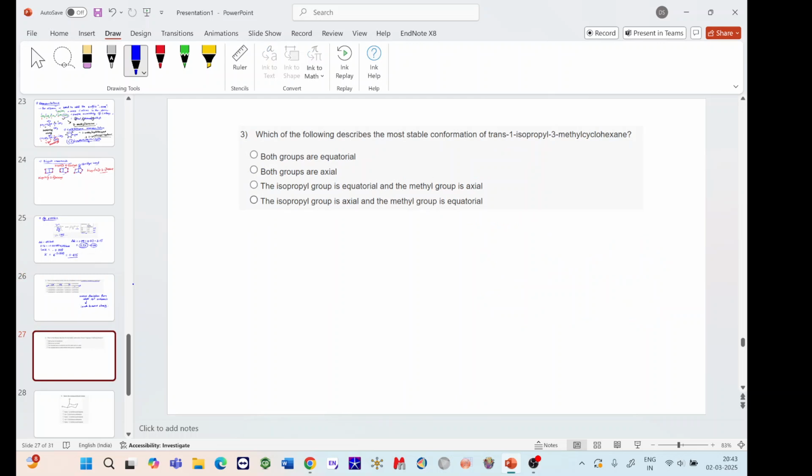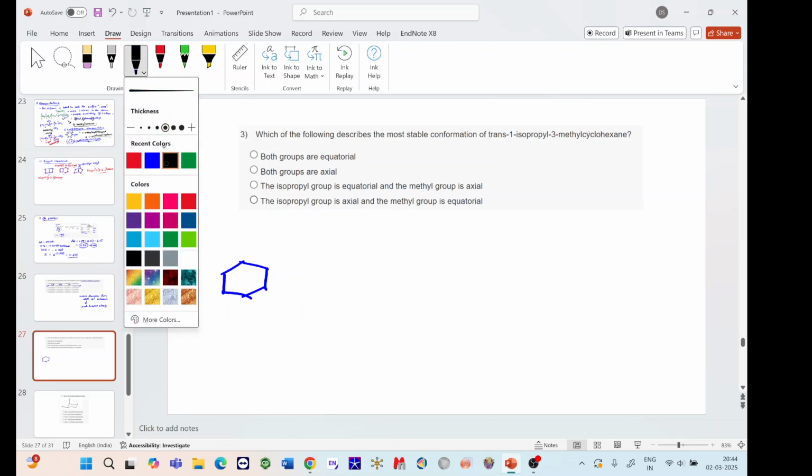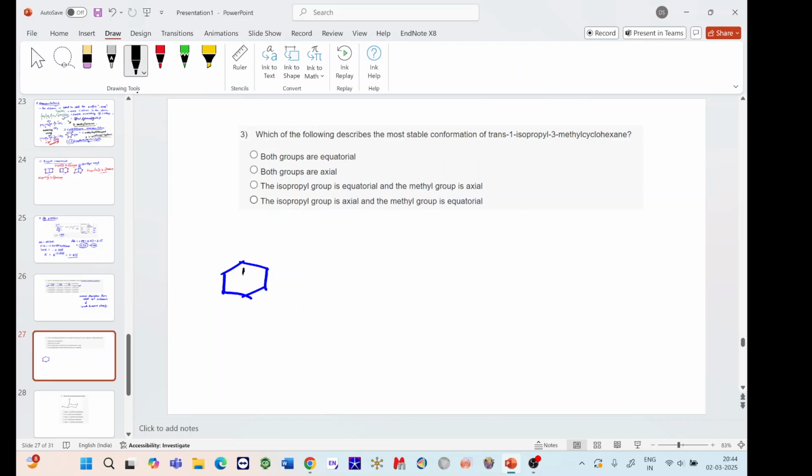Now the next one: which of the following describes the most stable conformation of trans-1-isopropyl-3-methylcyclohexane? Let us just draw it. Let me number it first: 1, 2, 3, 4, 5, and 6.